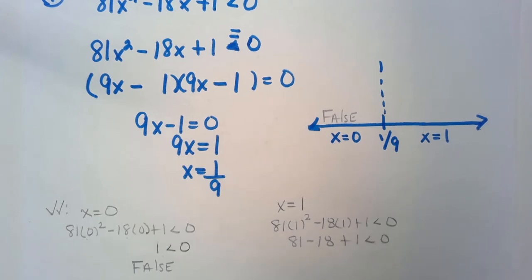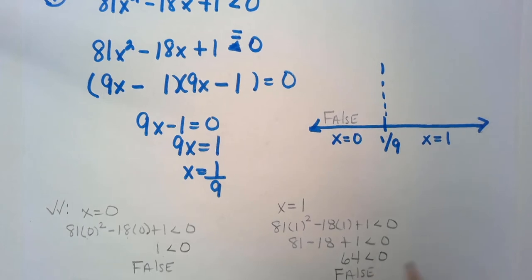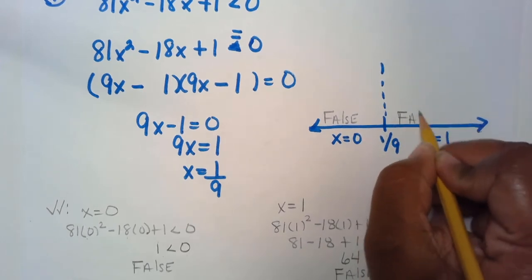And 81 minus 18 is 63. And then we add 1. We have 64. Is 64 less than 0? Think about your number line. That will be false. So both sides are false.